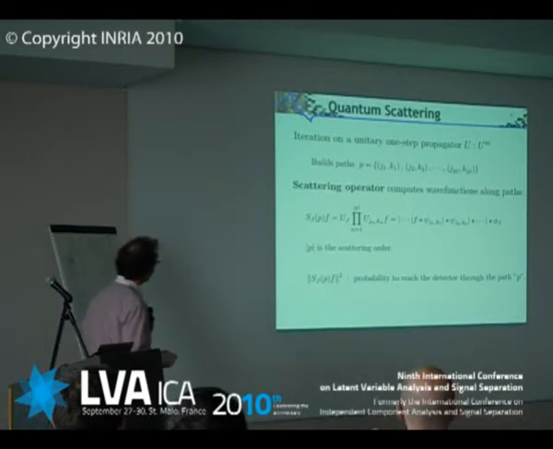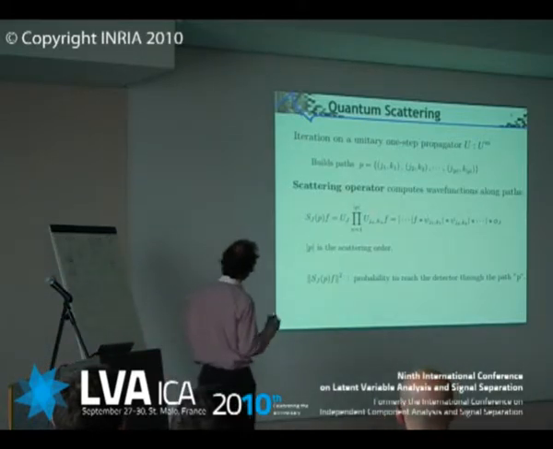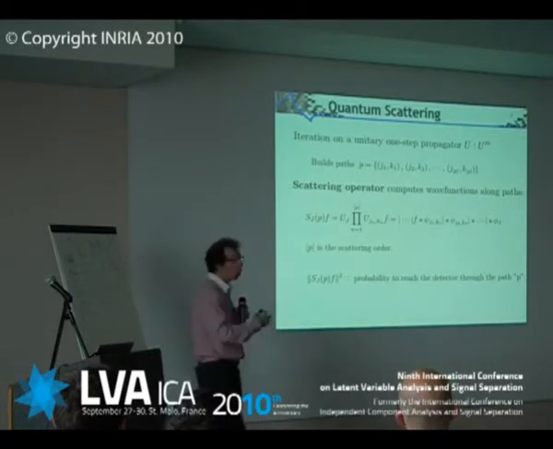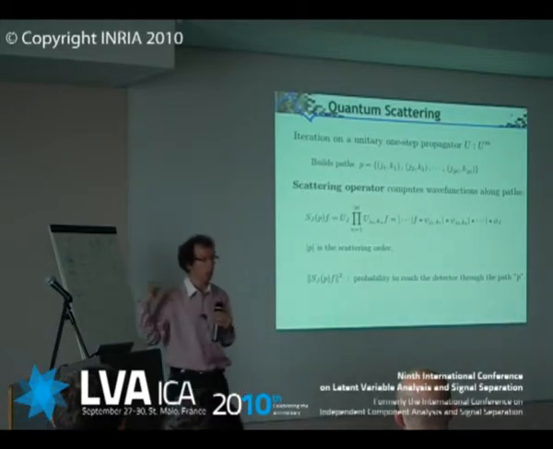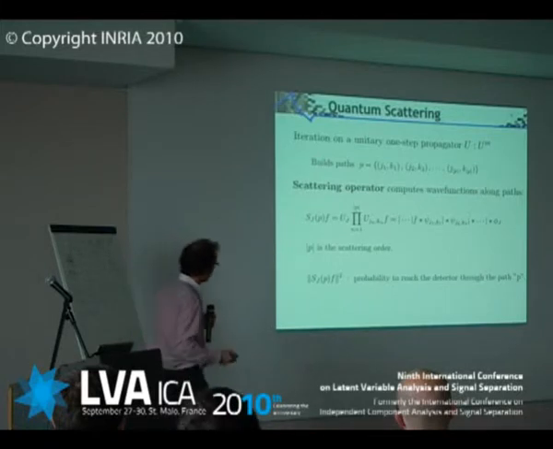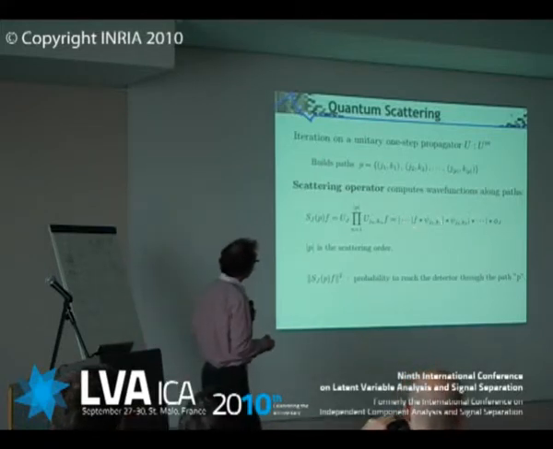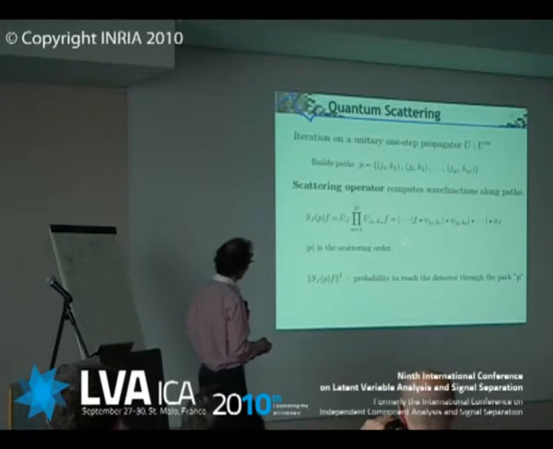So I'm going to define here what I call the scattering operator. And the scattering operator basically takes f along all possible paths. Exactly like in quantum physics, where you look at the evolution of your system along all possible paths, and an evolution along a given path is just a series of convolution modulus with different wavelets.